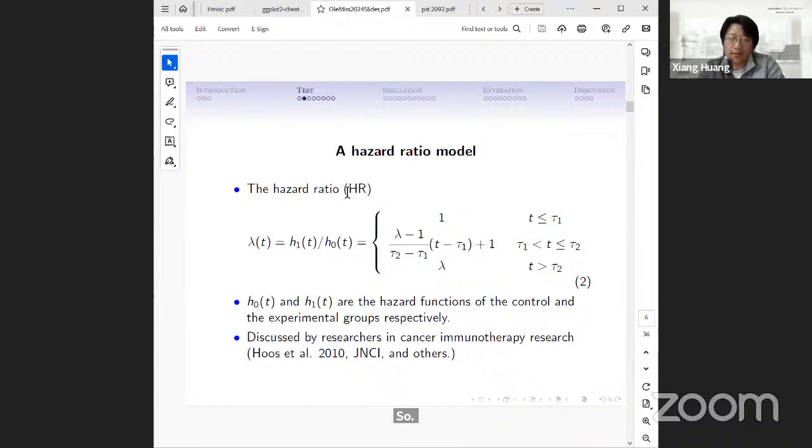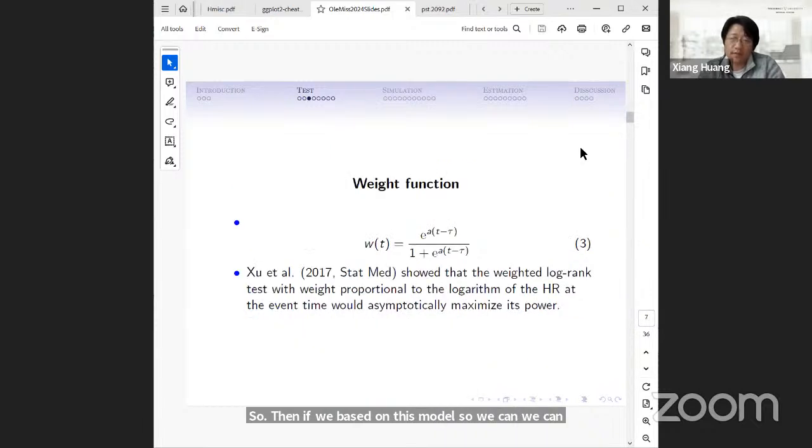Then, based on this model, we can design our weight. We propose a weight very intuitively. Suppose we have a weight function in this form. This is like a sigmoid function.